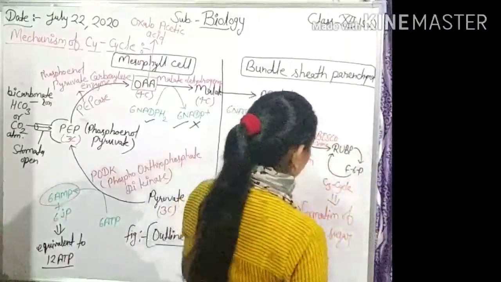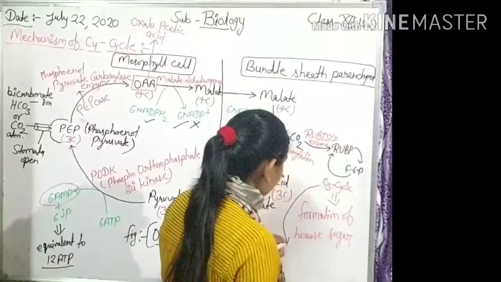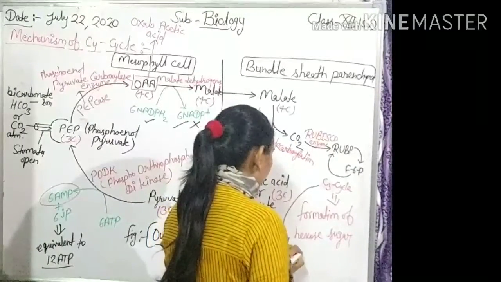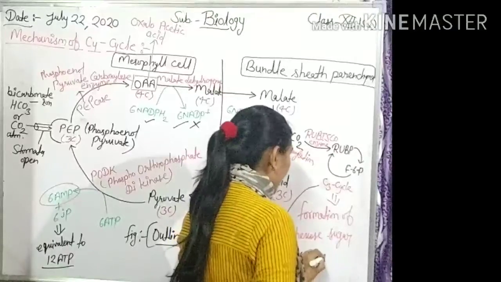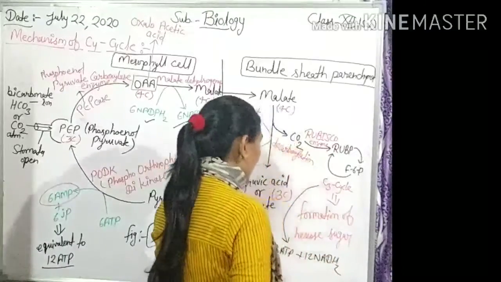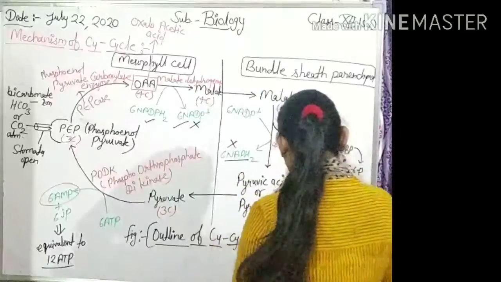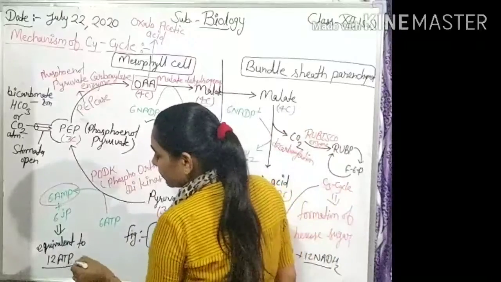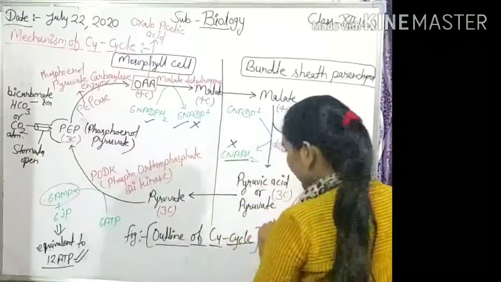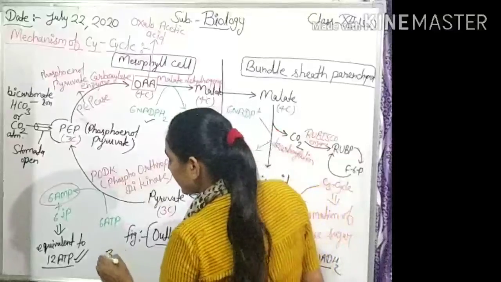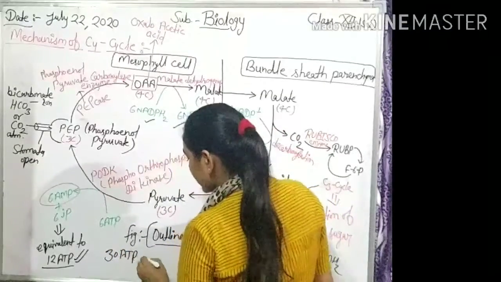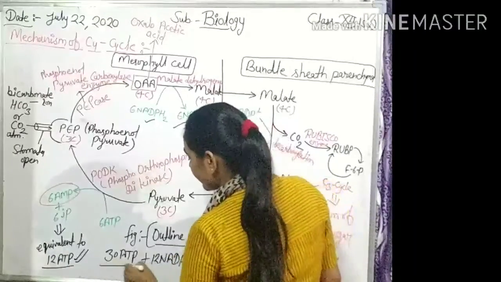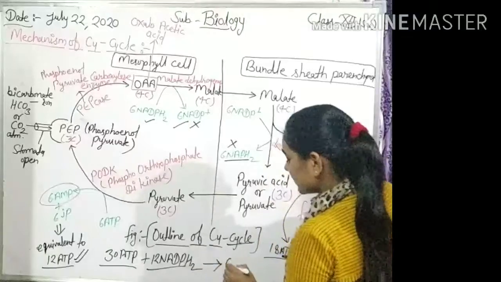As you know, in the C3 cycle 18 ATP plus 12 NADPH2 are used. So 12 ATP plus 18 ATP, total 30 ATP and 12 NADPH2, are used in the C4 cycle.